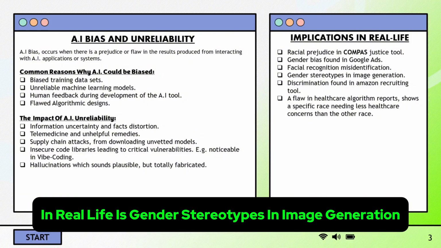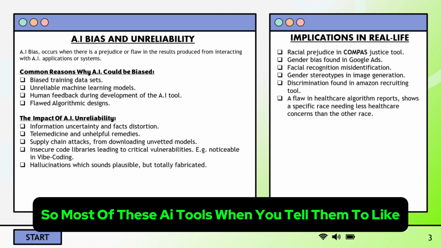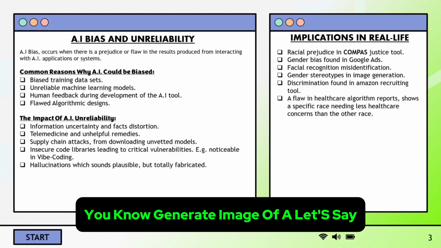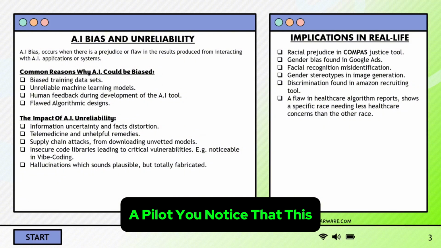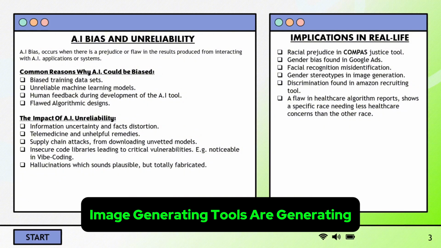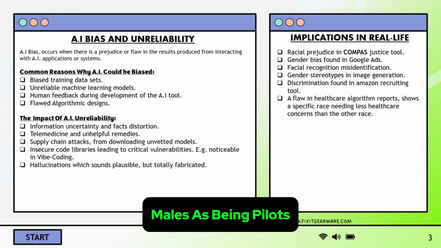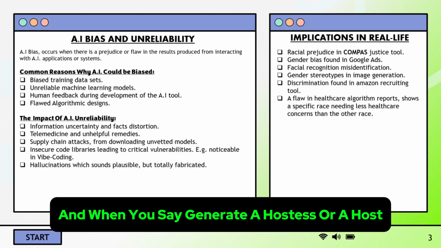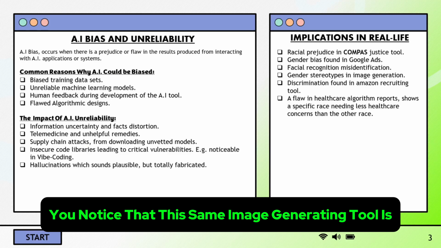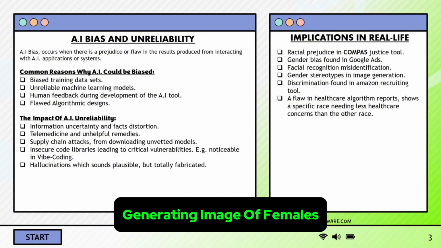Other implications in real life include gender stereotypes in image generation. With most of these AI tools, when you tell them to generate an image of, let's say, a pilot, you notice that these image generating tools generate males as pilots. And when you say generate a hostess or a host, you notice that the same tool generates images of females.